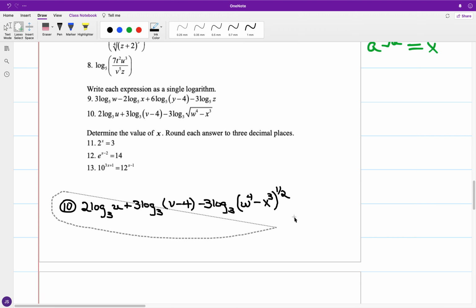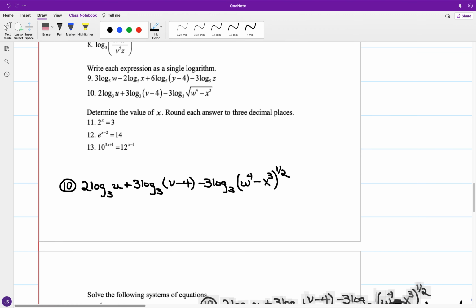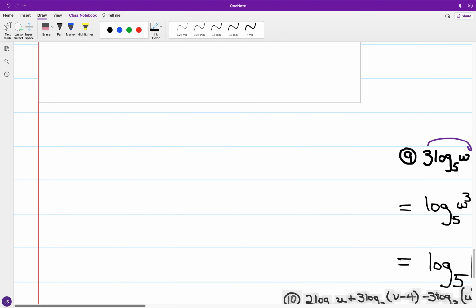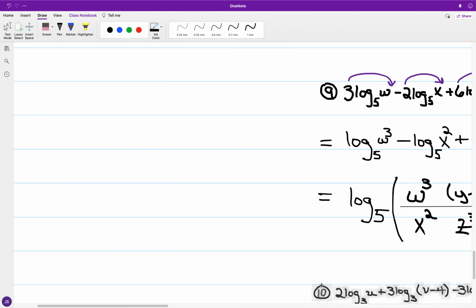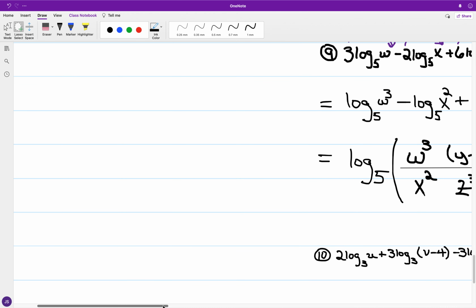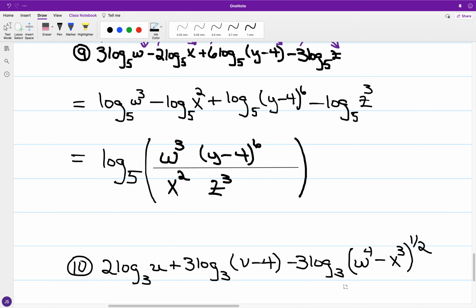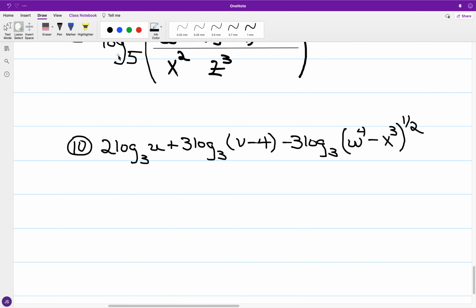And looking at establishing the follow-through, again we are converting from coefficients to exponents.